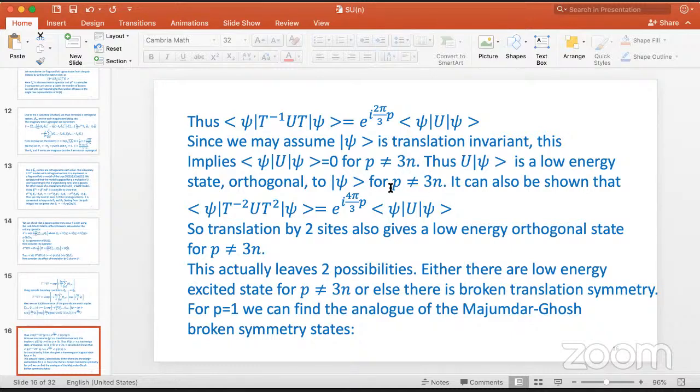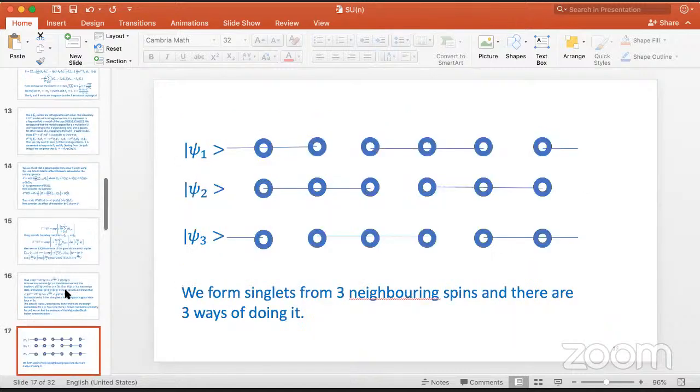It can also be shown that if we translate by two sites, we pick up the phase e to the i 4 pi over 3 times p. So translation by two sites also gives a low energy orthogonal state for p not equal to 3n. This leaves two possibilities: either there are low energy excited states for p not equal to 3n, or else there is a broken translation symmetry.